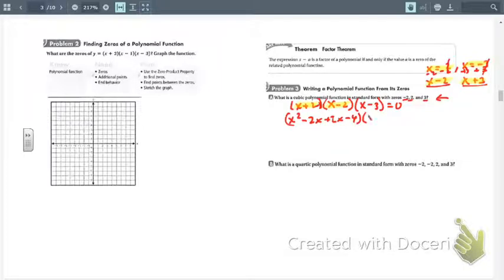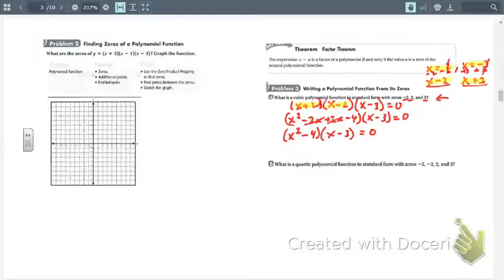And then we have to multiply that by x minus 3 equaling 0. Before we multiply by x minus 3, let's combine like terms. So we have x squared, a negative 2x and a positive 2x cancel, so we have x squared minus 4. And we're going to multiply by x minus 3.